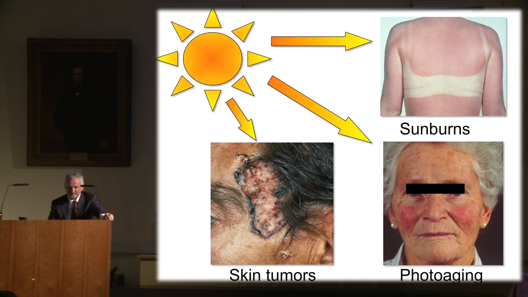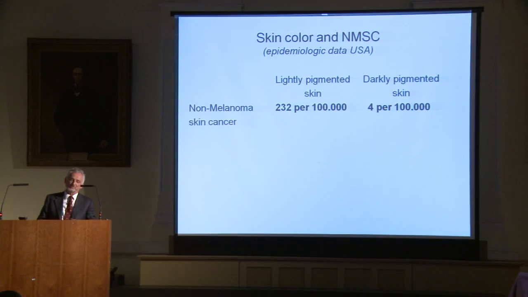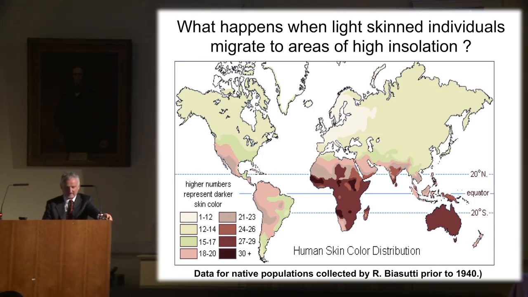So going back to one of the other advantages, I just want to mention that again: the skin color and non-melanoma skin cancer, so all the skin cancer which is not the pigment type of skin cancer, is much higher in lightly pigmented skin, 232 cancers per 100,000 inhabitants per year, as compared to 4 per 100,000 inhabitants per year in the United States, who usually have very good epidemiological data.